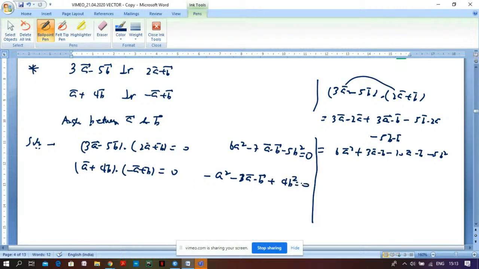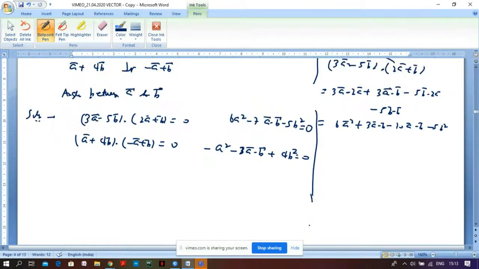To solve this, we employ what we call the cross multiplication rule.